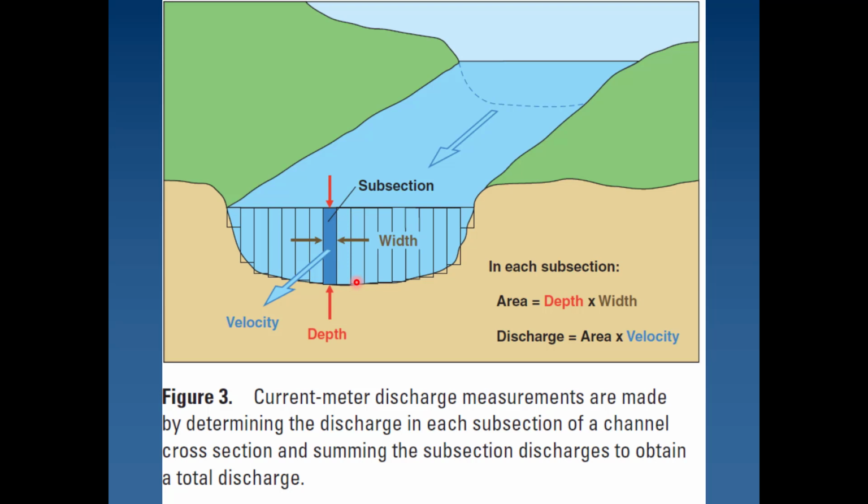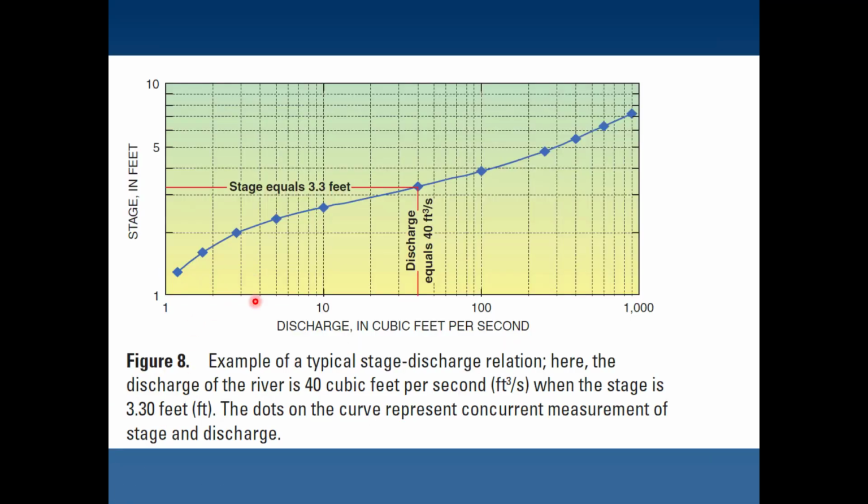That's another term that's used, the stage. And so you can imagine pretty easily, I hope, that as you add water, there's more water flowing in, the river rises, the stage increases, and the flow will increase. But this is called a rating curve that gives you the relationship between the stage in the river and the amount of water flowing in the river.